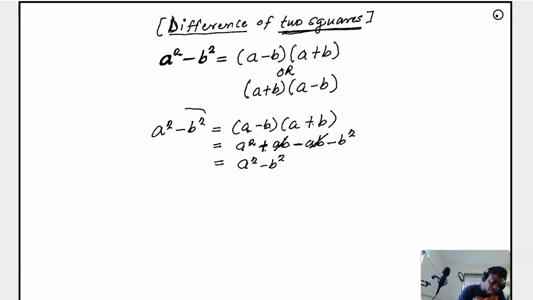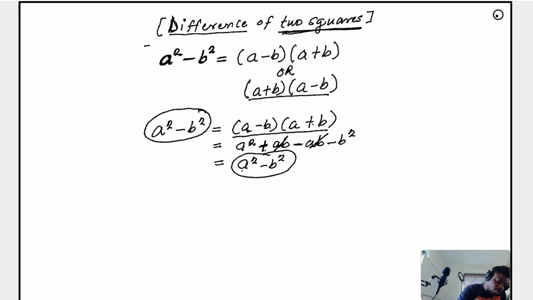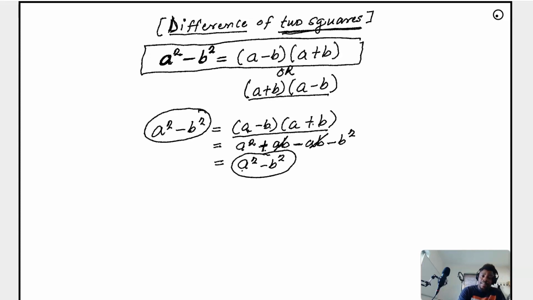So you can see our a squared minus b squared is equal to this. Definitely this is a correct expression. If you do the same thing to the other order, you're still going to have a squared minus b squared. So you should write this somewhere: a squared minus b squared is equal to a minus b times a plus b.